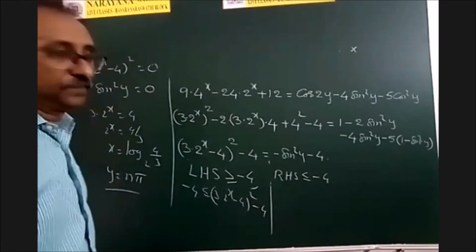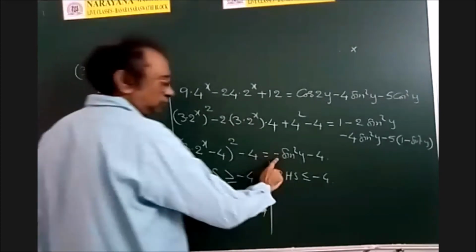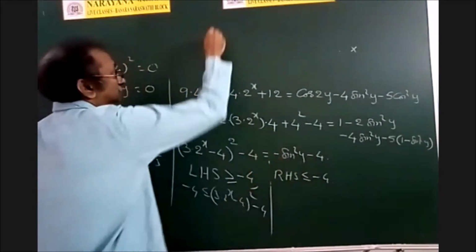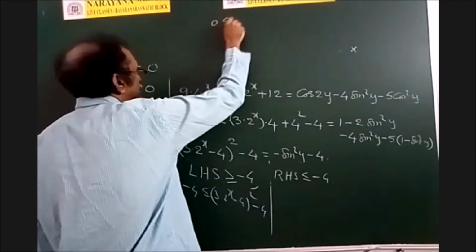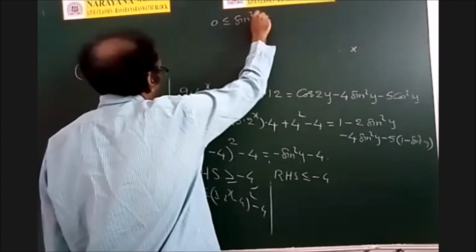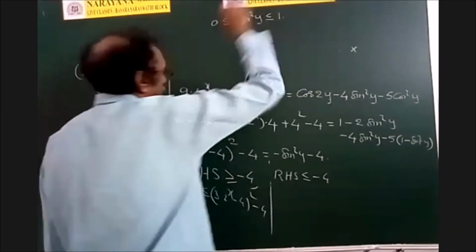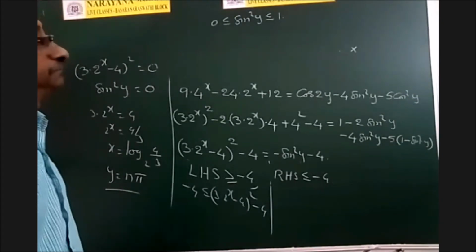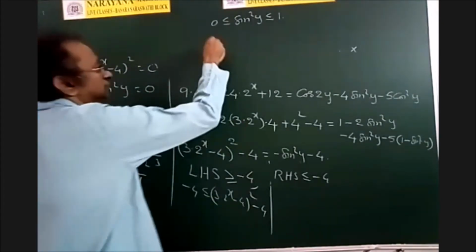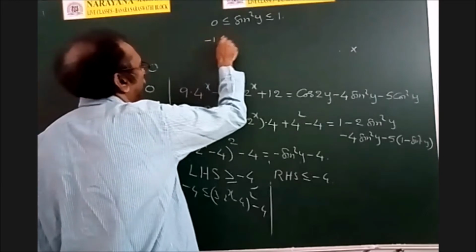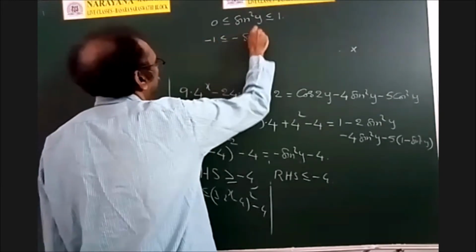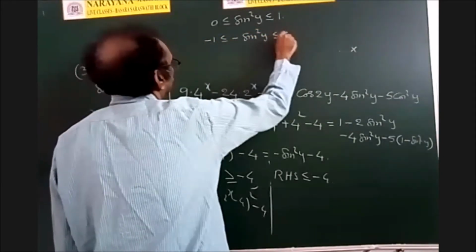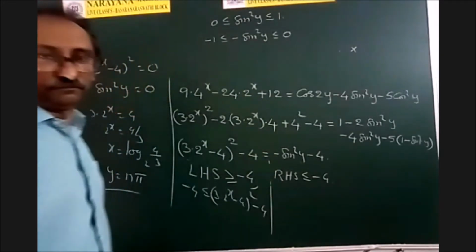Okay, so you are confusing with these minus signs. See, once again I will write: 0 less than or equal to sin square y less than or equal to 1. Is it okay, Harshit? Okay, sir. Multiply with the minus. When you multiply with a negative number, greater than becomes less than.